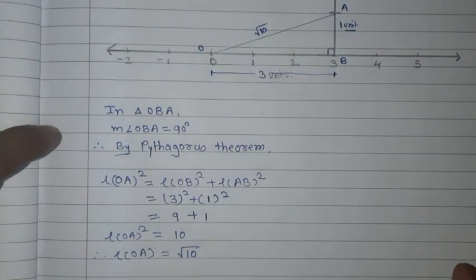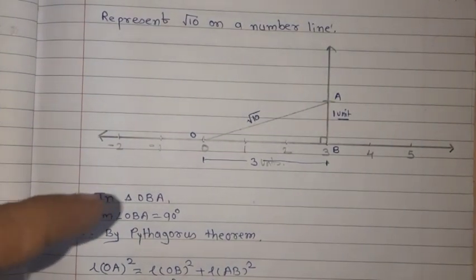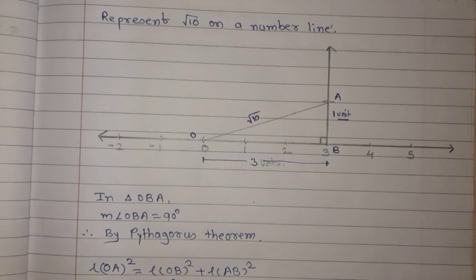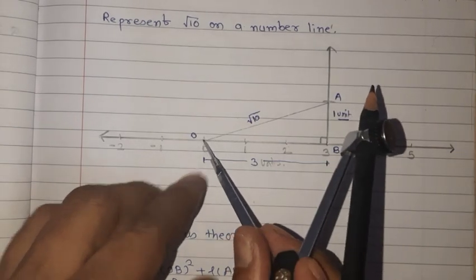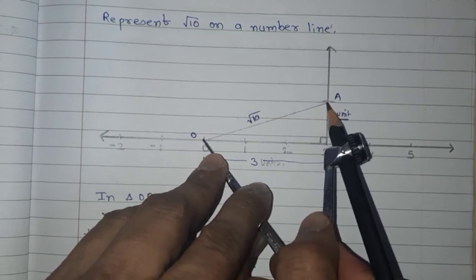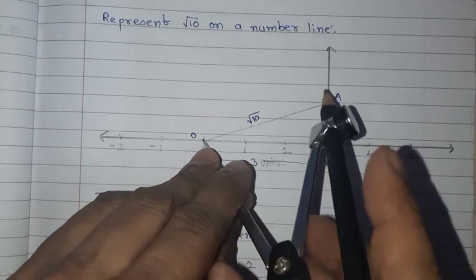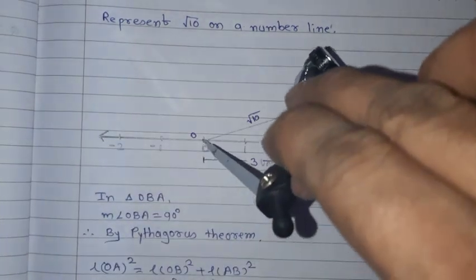Now, the same distance we have to take on a number line. For that purpose, we have to put the metal point on O, then the pencil point on A. That means we got root 10 distance between these 2 points, and now we have to draw.